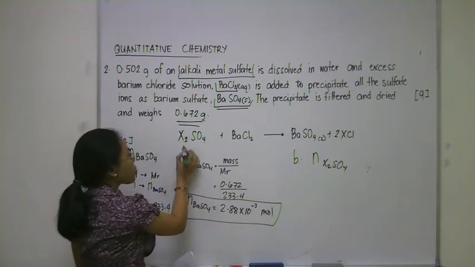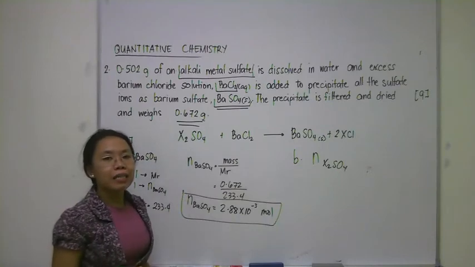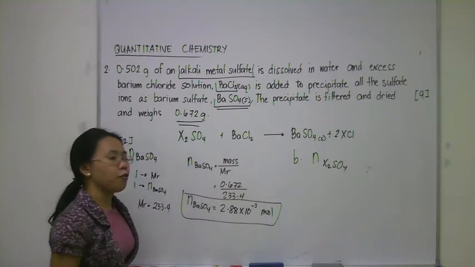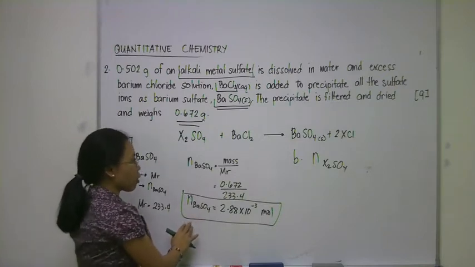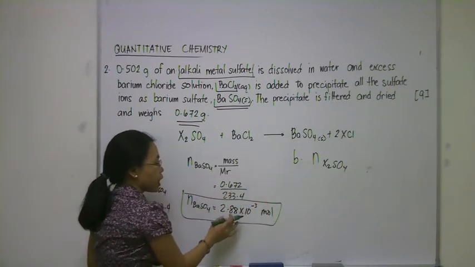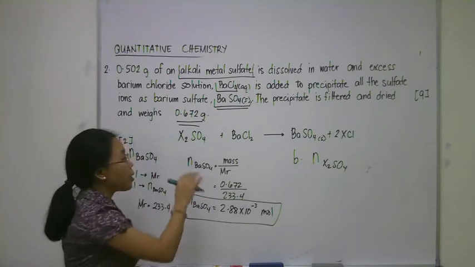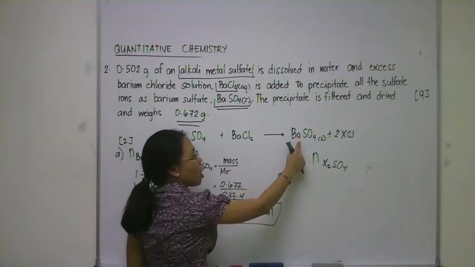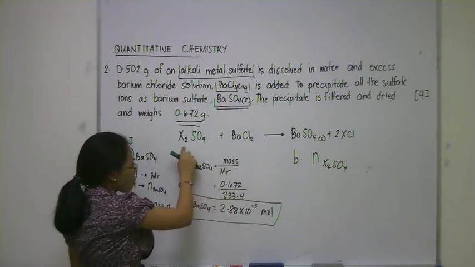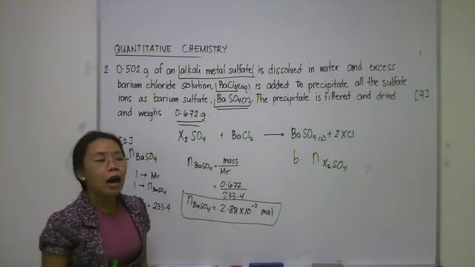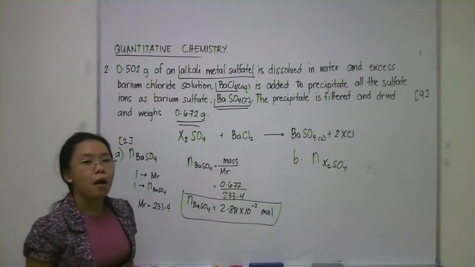We can use the balanced equation in finding the moles of alkali metal sulfate. We know that the moles of barium sulfate is 2.88 times 10 to the negative 3. Based on the balanced equation, 1 mole of barium sulfate is produced from 1 mole of alkali metal sulfate.